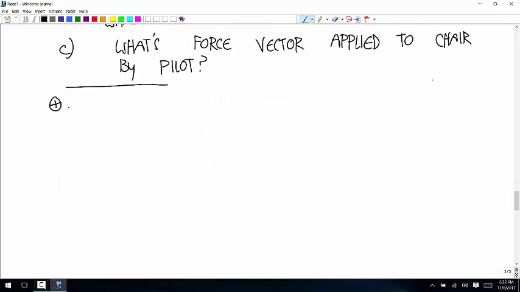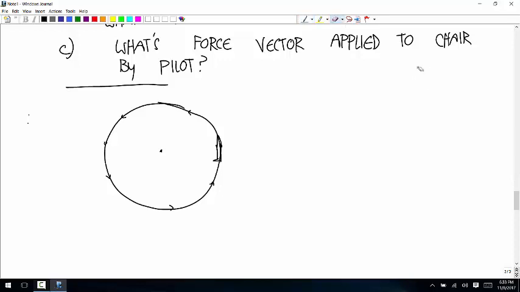I'm going to do a lot of these on the same picture, so I won't write down those numbers. But okay, so there's the path. And we've already been told we have to analyze this point. So there's the plane on the way up. It's going this way around the circle. And the coordinate system will be like this.